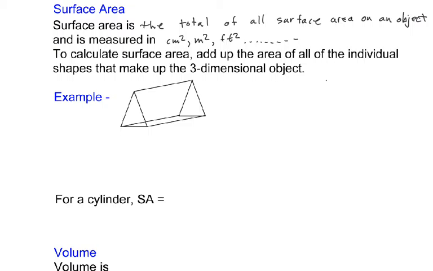Let's take a look at our example. Our example is a prism. If you notice, there are 2 triangles, 2 similar sides, and 1 bottom rectangle.